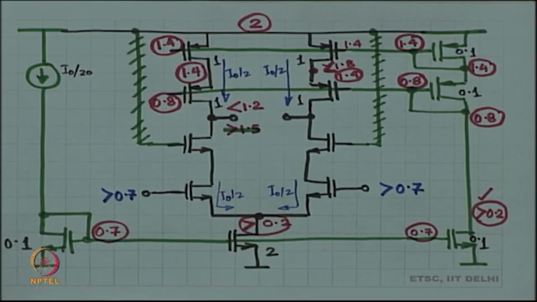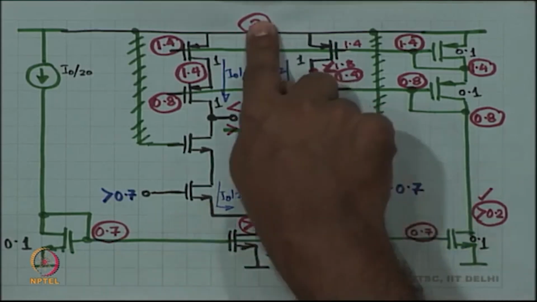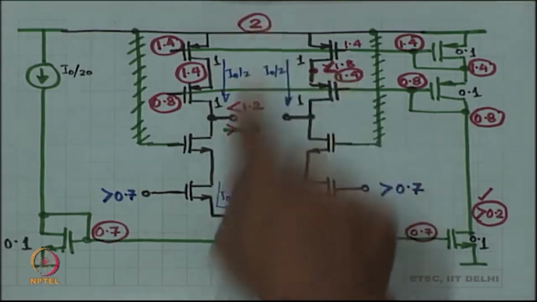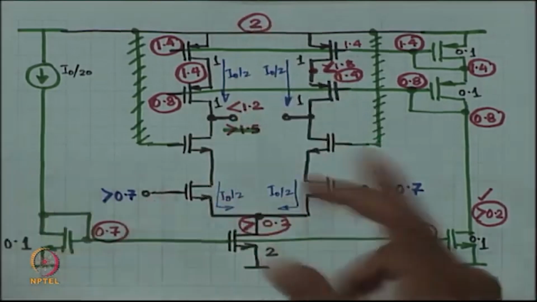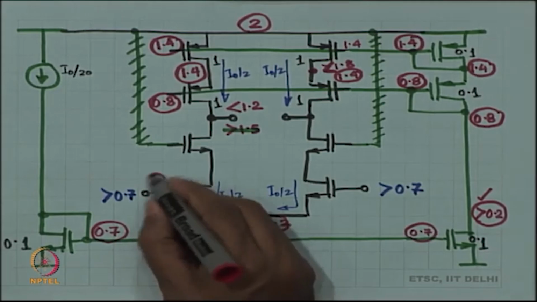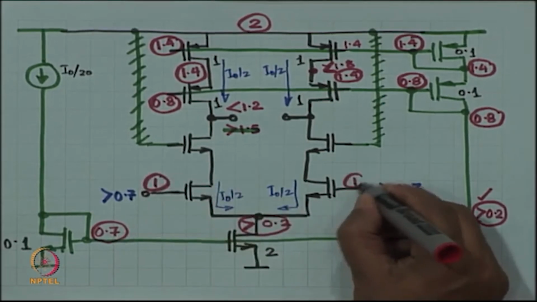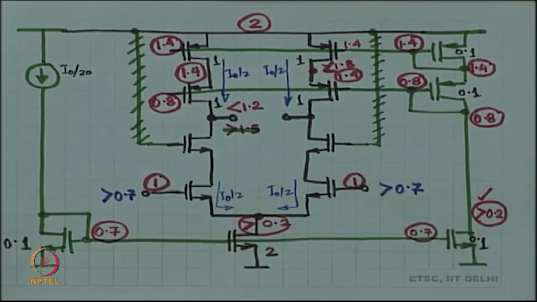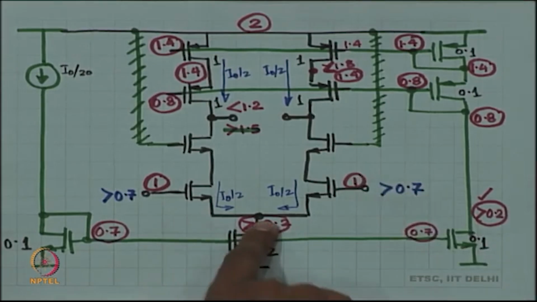All right. So, let us assume some number. Let us say that the input common mode voltage I have set to 1 volt. Suppose 2 volt is the power supply. Let us keep the input common mode at 1 volt, half of the power supply, and this is coming from outside. All right. So, the bottom device is happy.